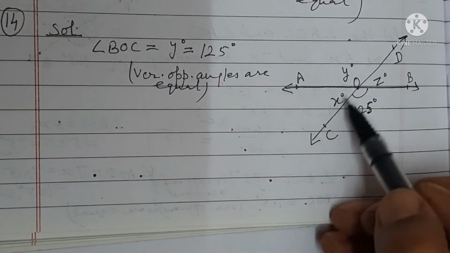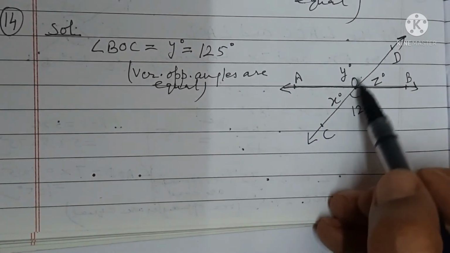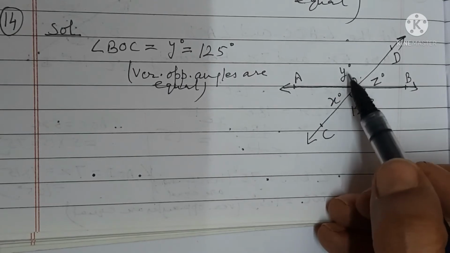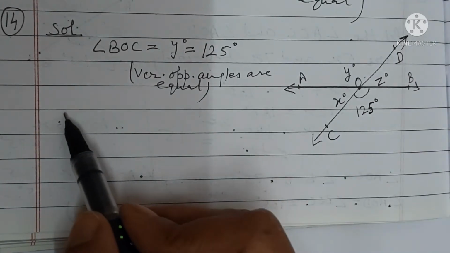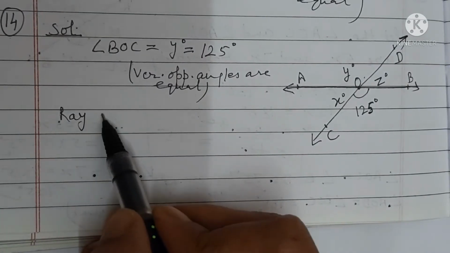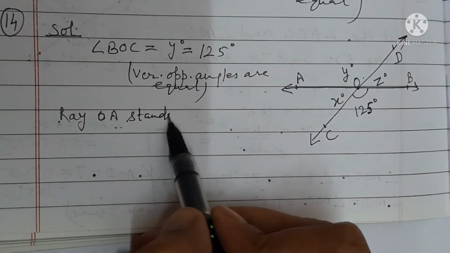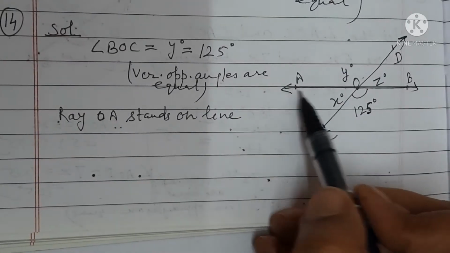CD is a straight line and ray OA stands on it. The sum of these two angles, angle Y and angle X, is equal to 180 degree. So right here, ray OA stands on line CD.